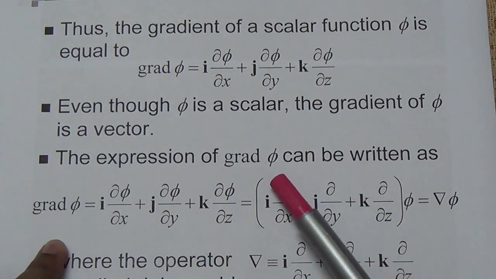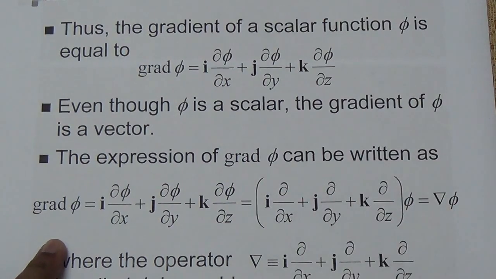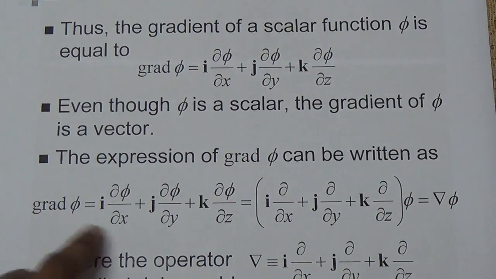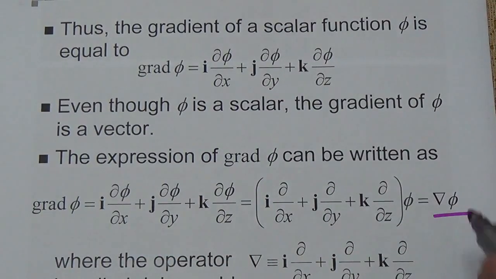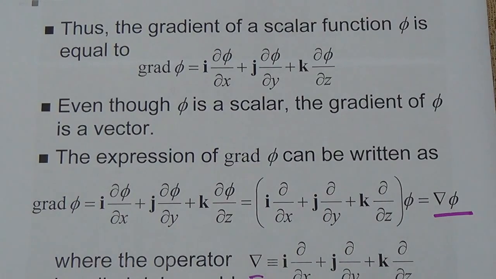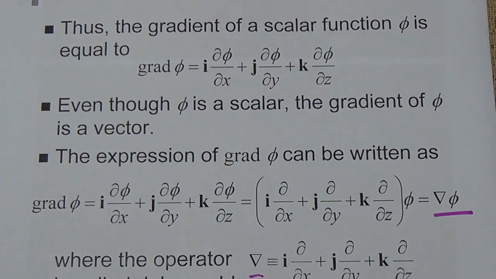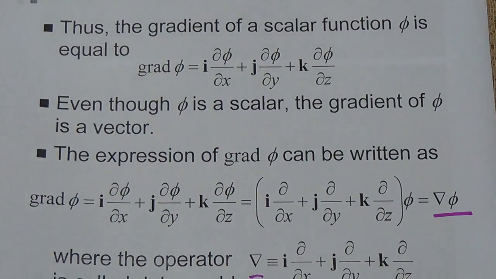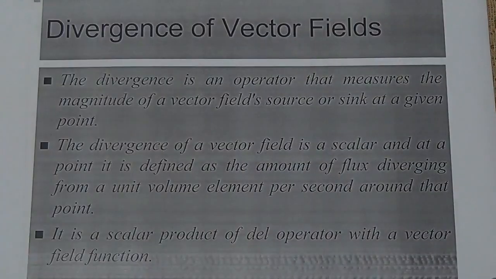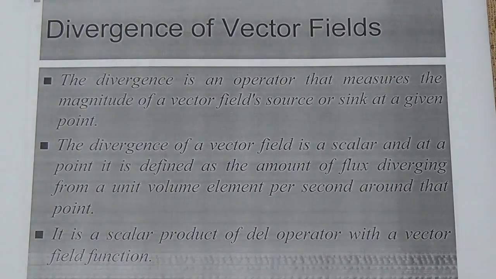The expression of gradient phi can be written in this way, where this del corresponds to what is called the del operator or nabla. So this was the meaning of the gradient operator when it operates on the scalar field function.